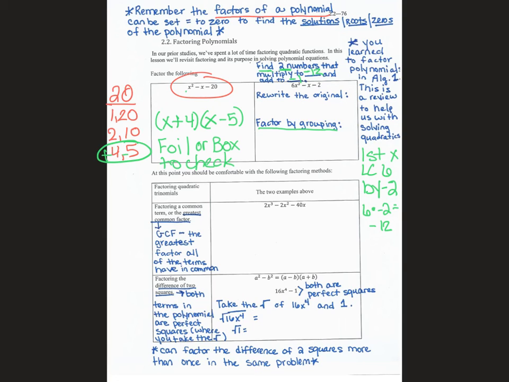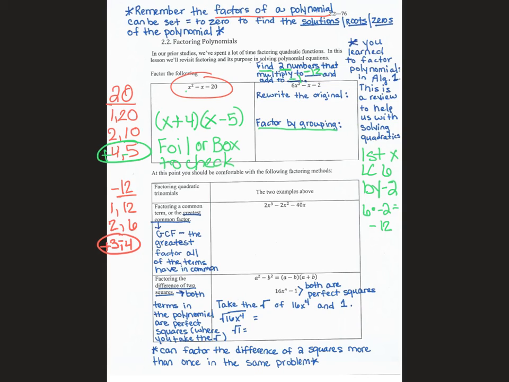So we'll do -12, and we'll say 1 and 12, 2 and 6, 3 and 4. Well, to add to get -1, I would use a +3 and a -4.